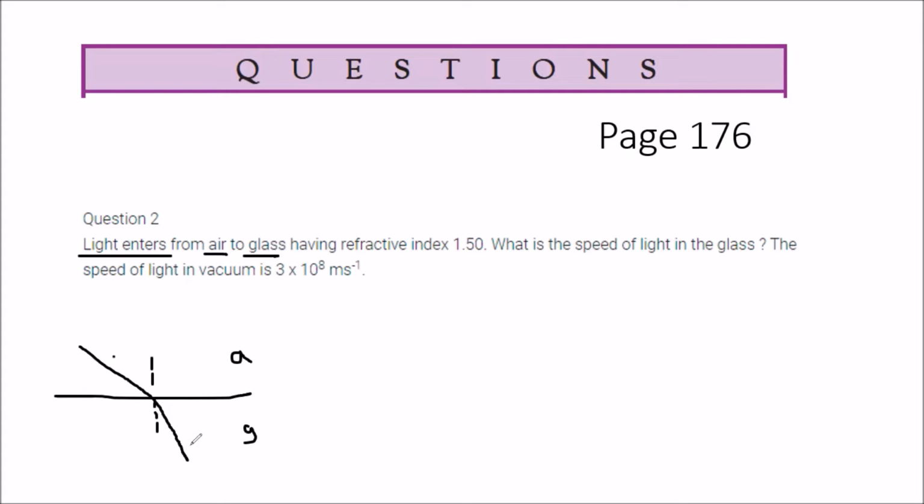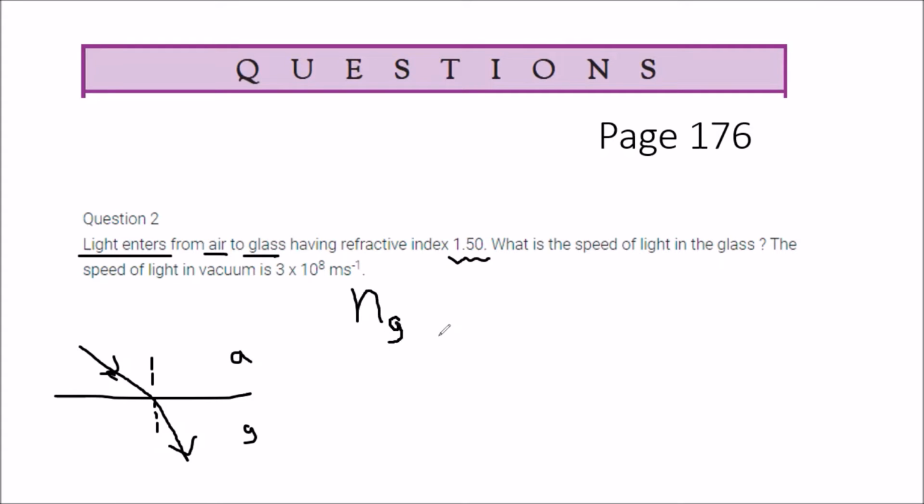Now the diagram is not needed for this numerical, but to understand the question, we have to understand that light is entering from air to glass having a refractive index. Now this refractive index is given of which medium? As we discussed in the previous video, refractive index is of the medium where light is entering. So light is entering from air to glass, so what is given in the question is the refractive index of glass.